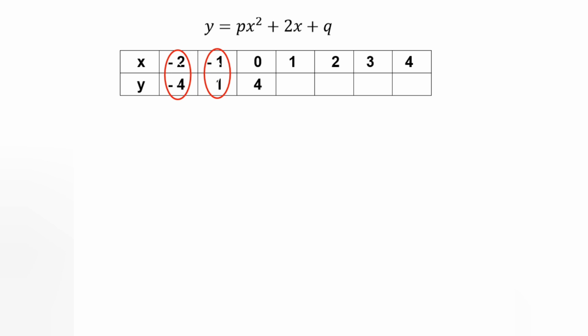Whenever you are solving this question, I advise that you choose values that make the work easier for you, and ensure that the values you choose from the table have corresponding values. If you choose a value of x, make sure it has its corresponding y value.